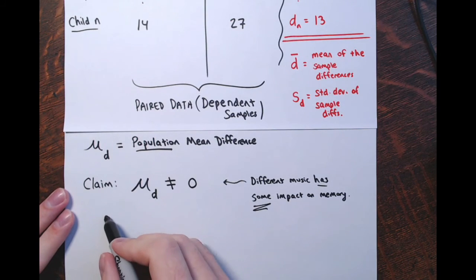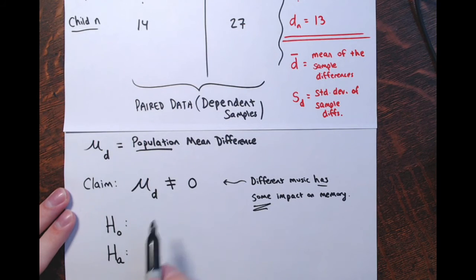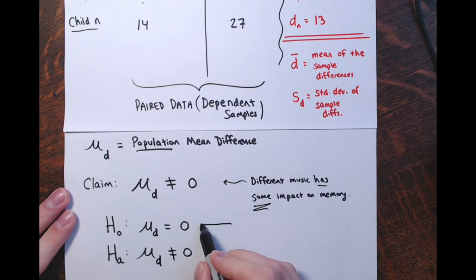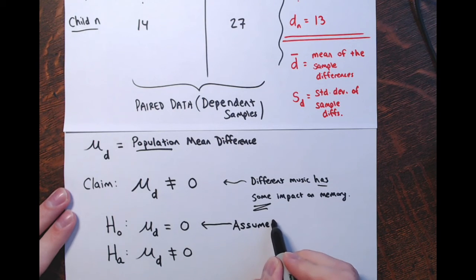All right, so then you have your hypotheses: null hypothesis and alternative hypothesis. Again, the claim does not involve equality, so that will be represented by the alternative hypothesis, and the null hypothesis is the opposite of that. This is what you're going to assume when you run the test later.